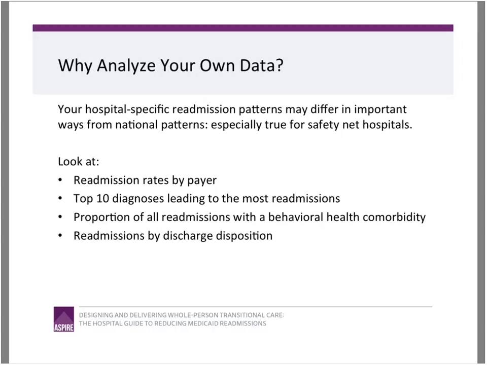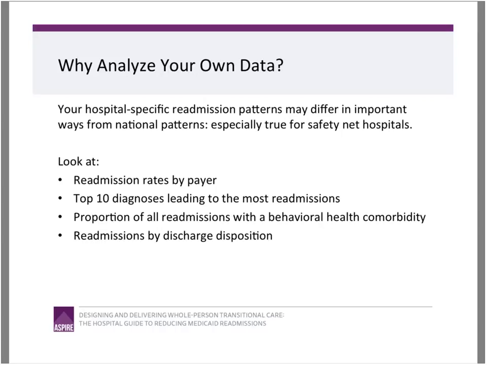So we'd like to encourage you to look at readmissions through a different lens and, of course, be informed by everything you've read in the national literature, but really look at your hospital, your patient population, look at readmission rates by payer, look at the top 10 diagnoses leading to the most readmissions at your hospital, setting aside what you think have been identified as priority conditions and looking at what the priority conditions are at your hospital.